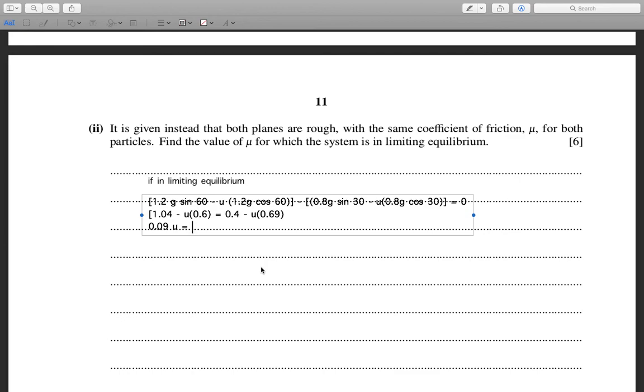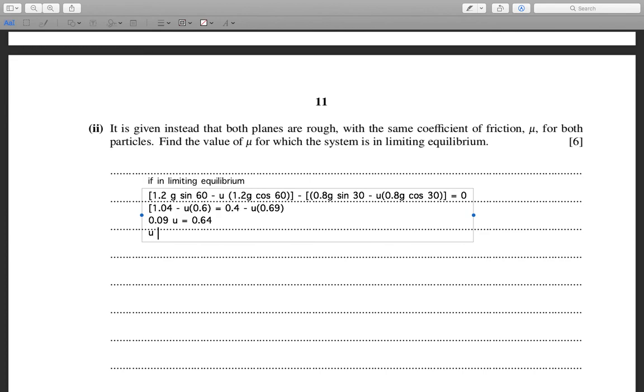Oh yes, correct. So this is 1.04 minus 0.4, which equals 0.64. Divided by 0.09, we get 7.11. The mu is 7.11.